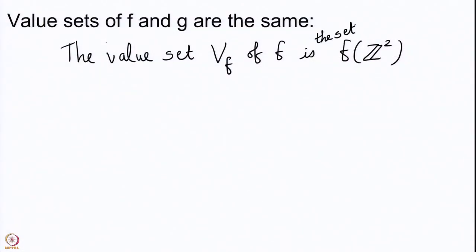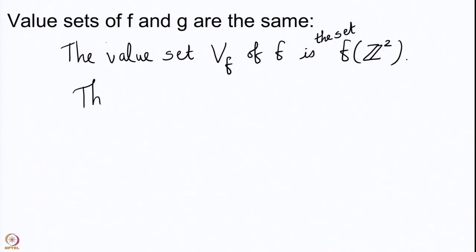Whenever you have a function f from a set X to a set Y and you take a subset of X, say W, then f of W is a subset of Y and it is the set of all values f of small w, where small w belongs to capital W. So, here you are taking f of all m comma n, as m and n vary over integers.